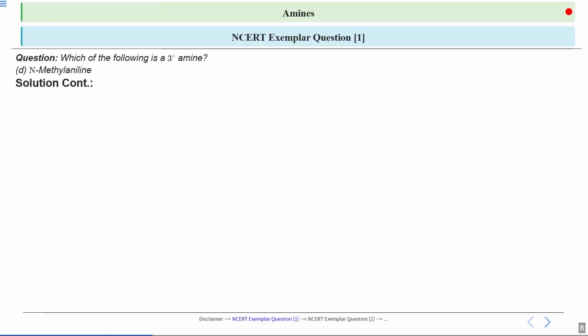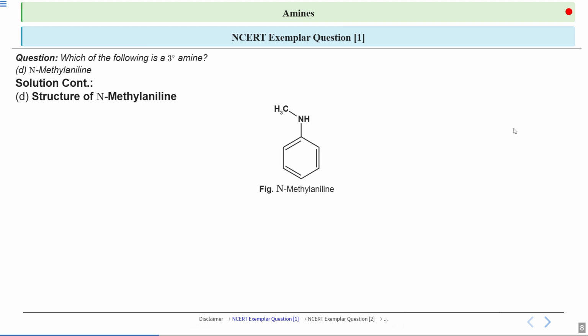Now if we move to the D part, which is N-methylaniline, if we look at the structure, you will see this nitrogen is bonded to the phenyl ring and this methyl group. So it is bonded to 1 alkyl and 1 aryl group. So this is a secondary amine.